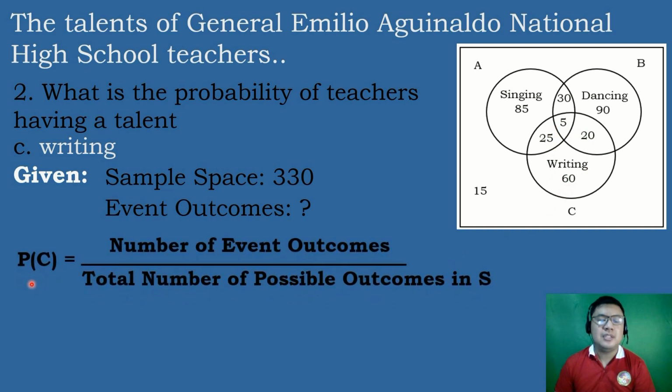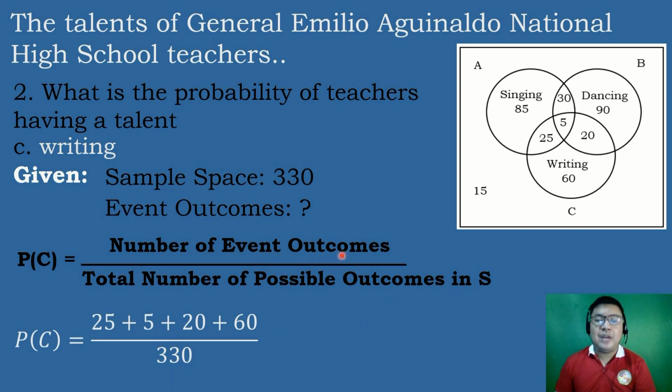And we will be using the formula for simple probability. Probability of C is equal to the number of event outcomes all over the total number of possible outcomes in sample space. The number of event outcomes will be 25 plus 5 plus 20 plus 60, all the numbers inside writing, and all over the total number of possible outcomes in sample space, which is equal to 330.